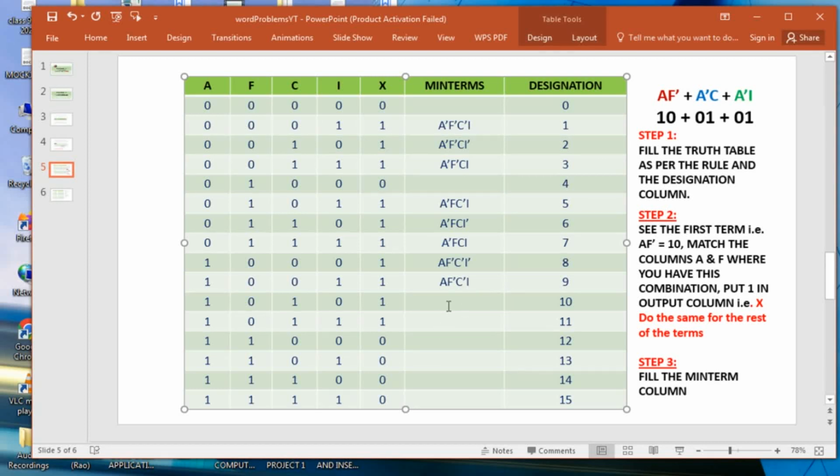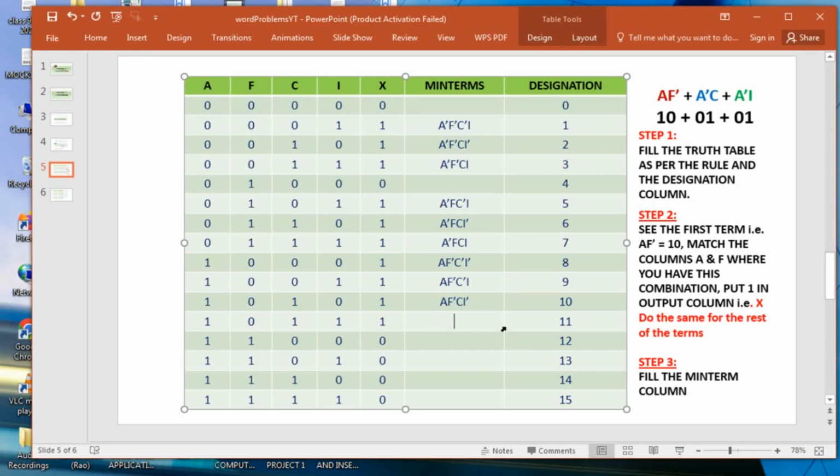right? Then you have here again 1 in the output column, so I have to write here A, then this is complemented, F is complemented, okay, C is normal, and I is complemented, right?